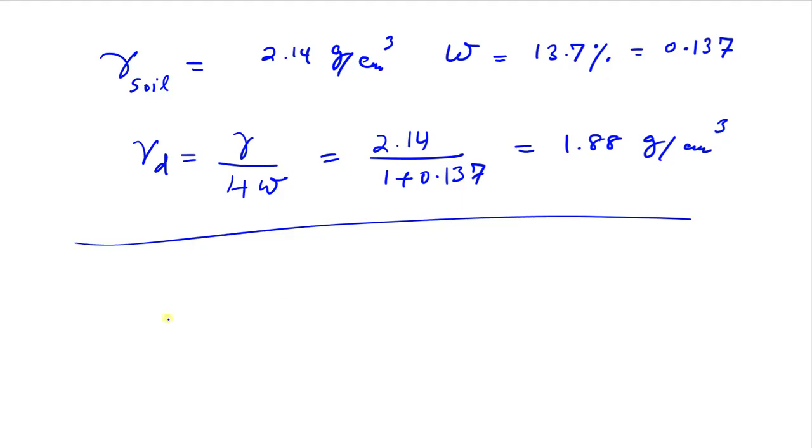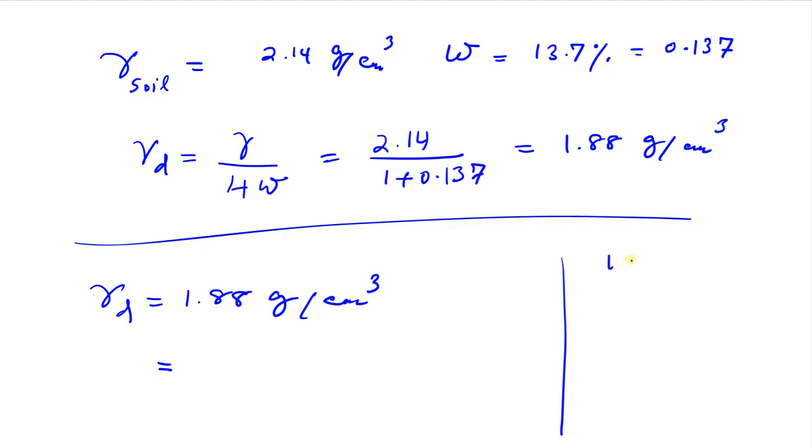Now we can summarize our results. Gamma D is 1.88 grams per centimeter cube, or you can convert it to kilonewton. And remember how we are going to do this conversion. You know the unit weight of water is 1 gram per centimeter cube, and in kilonewton it is 9.81 kilonewton per meter cube.